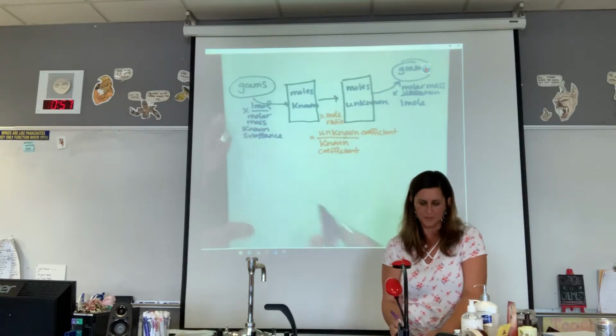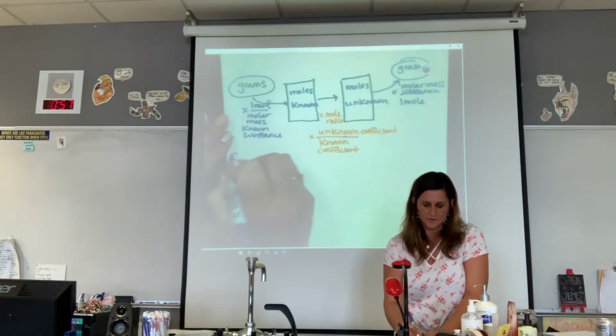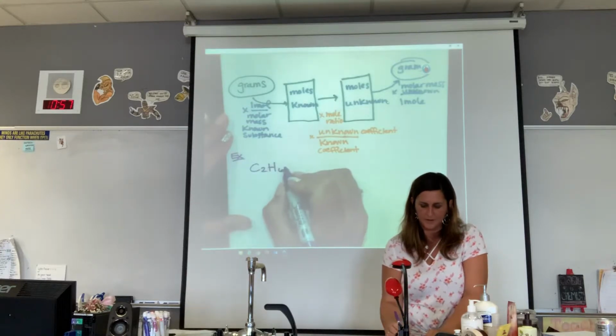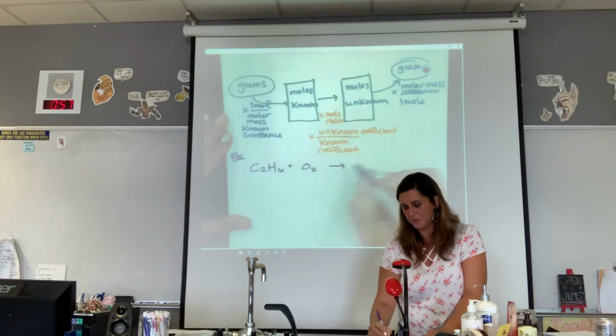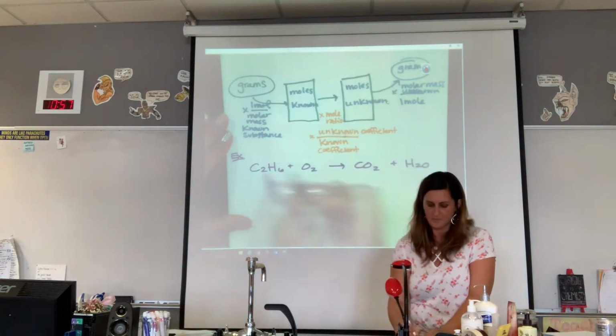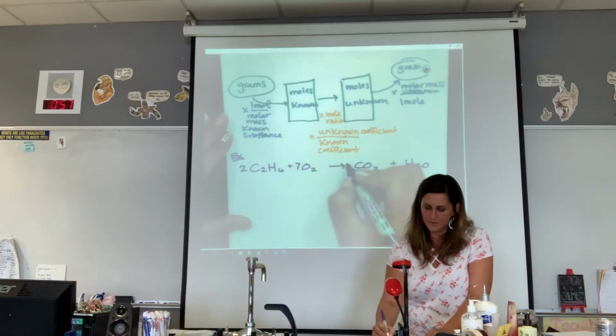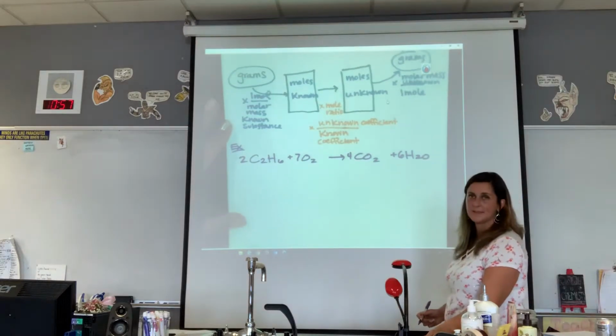We'll go back to the combustion reaction. This is going to be our example. We'll have C2H6 plus O2 making CO2 plus H2O. And we remember our coefficients here, 2, 7, 4, 6.